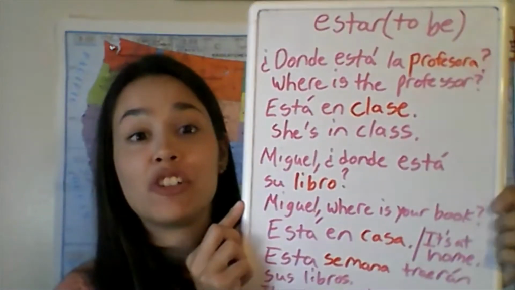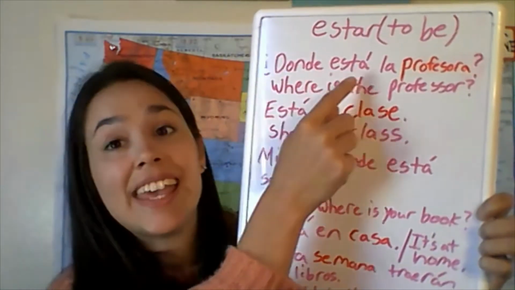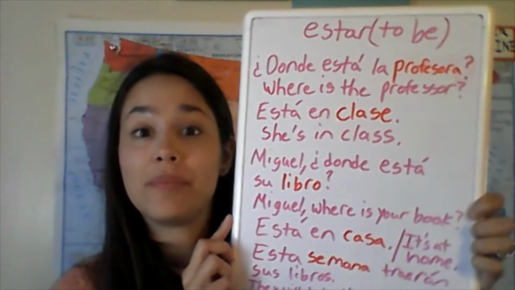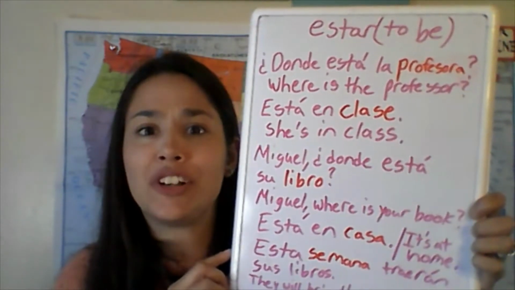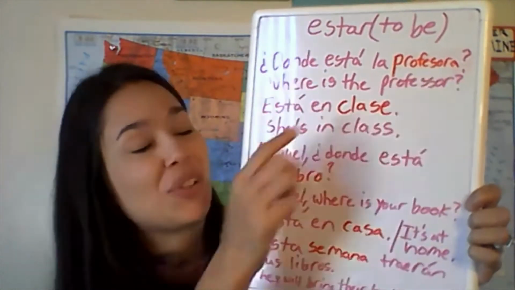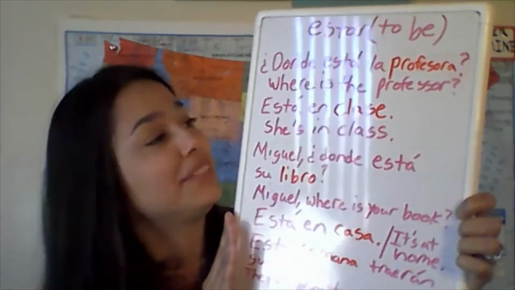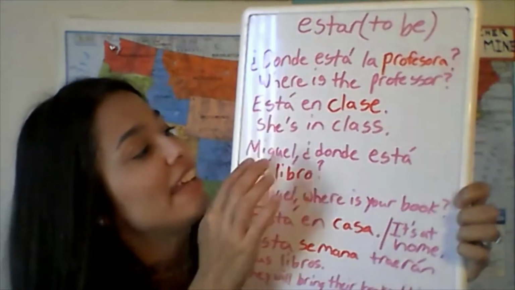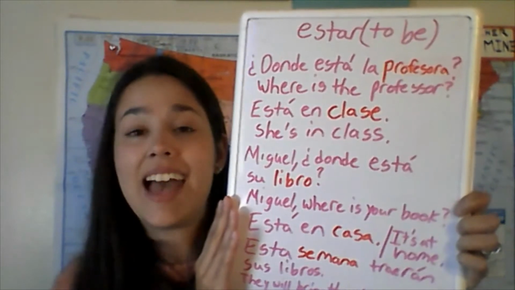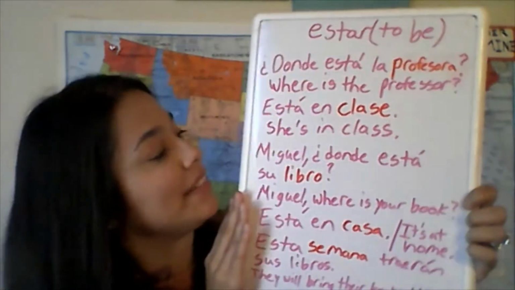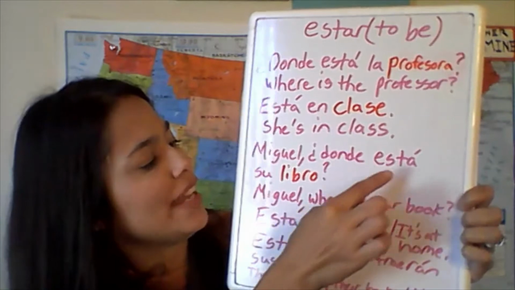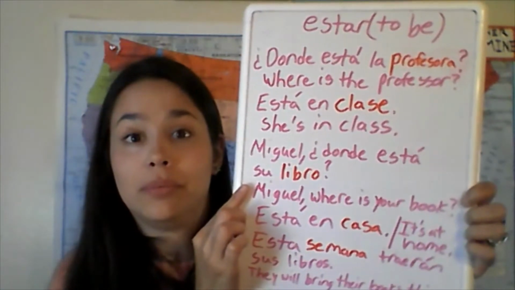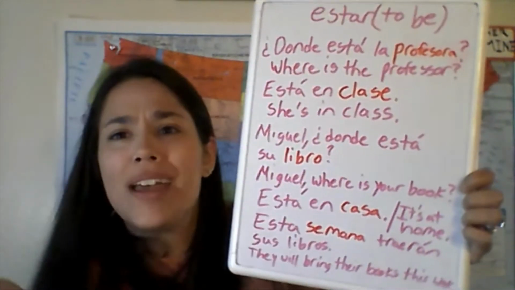Now let's practice using the Spanish verb estar. Here is our first question. ¿Dónde está la profesora? Where is the professor? Profesora, professor. Está en clase. She's in class. Clase. Miguel, ¿dónde está su libro? Miguel, where is your book?